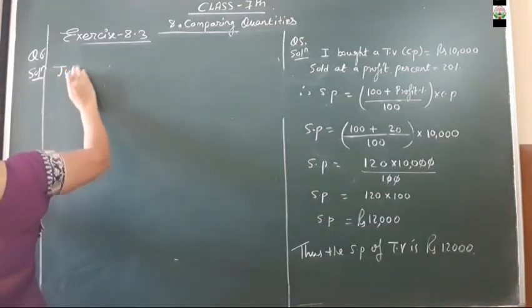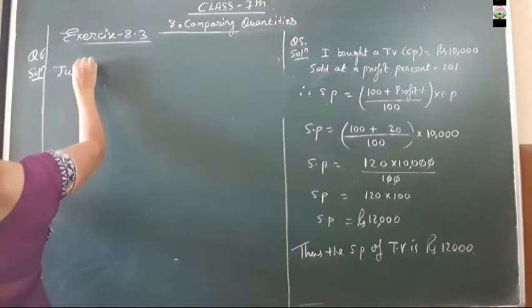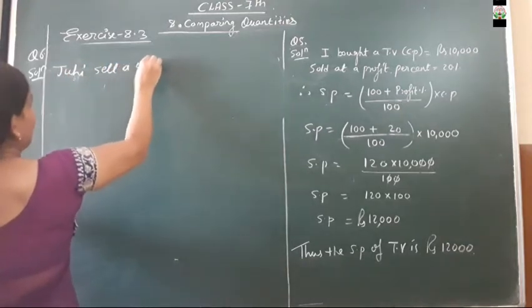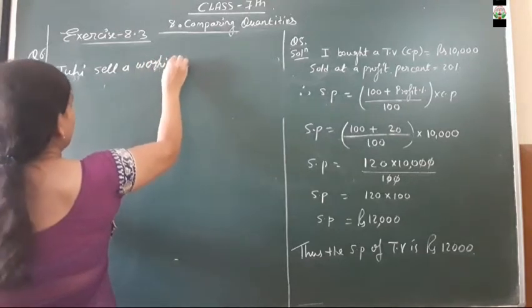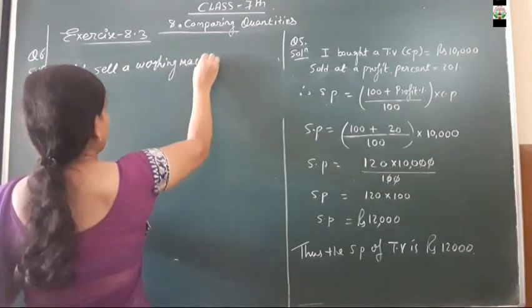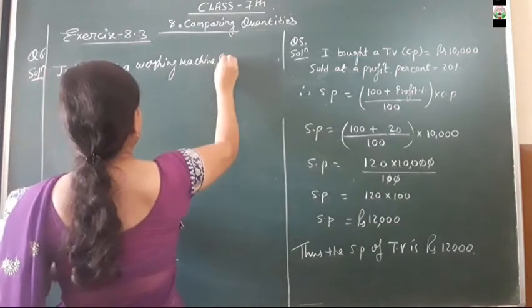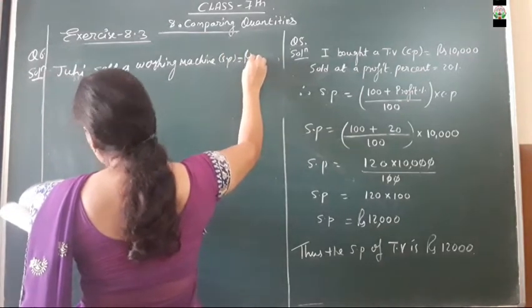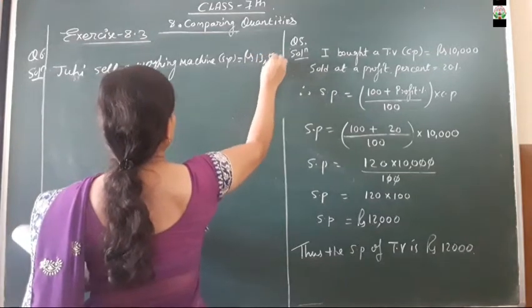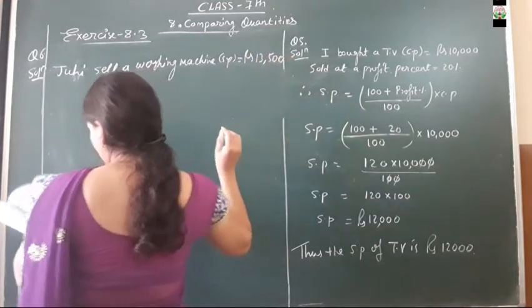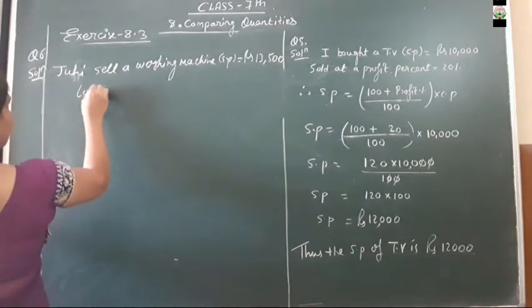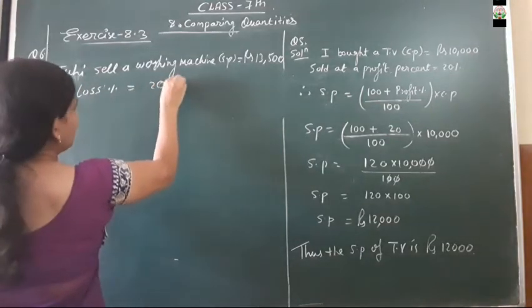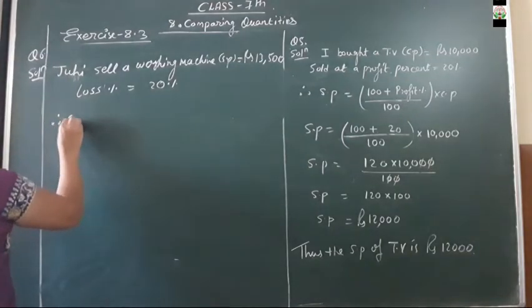Juhi sells a washing machine, selling price is equal to rupees, how much is it given? It is given as 13,500. Now how much is the loss percent in that? While bargaining, the loss percent is given as 20%. What we have to find here? We have to find the cost price.